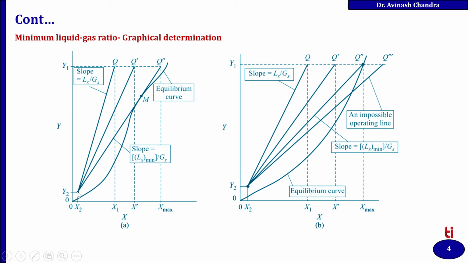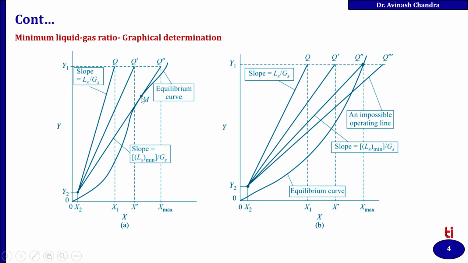When this point is plotted, then we need to draw a tangent on this equilibrium curve, like here Q double dash.